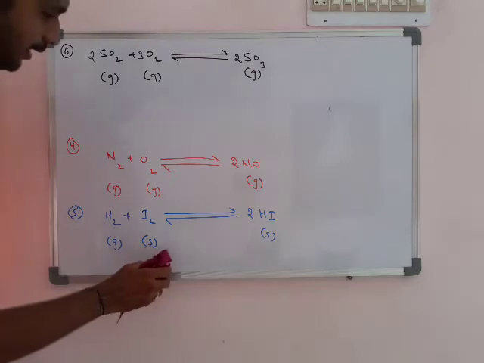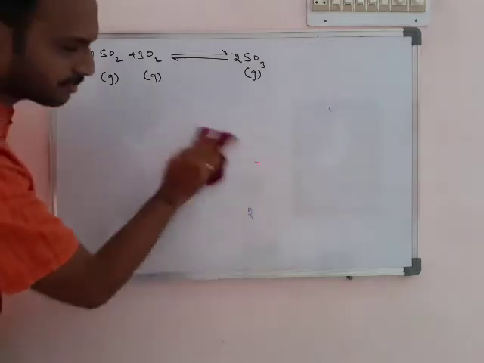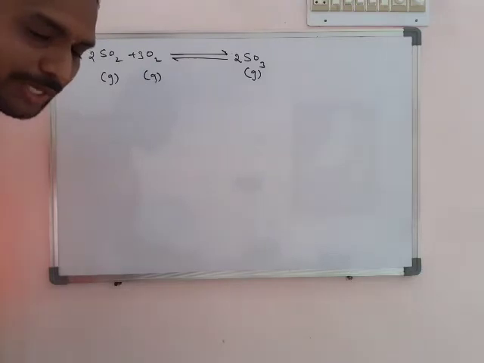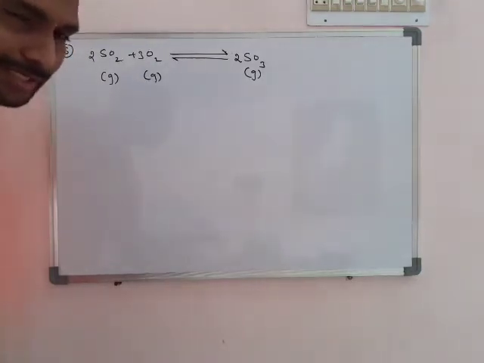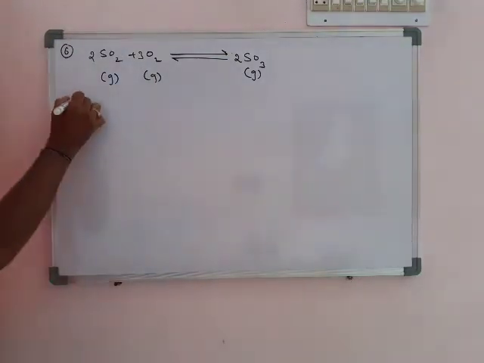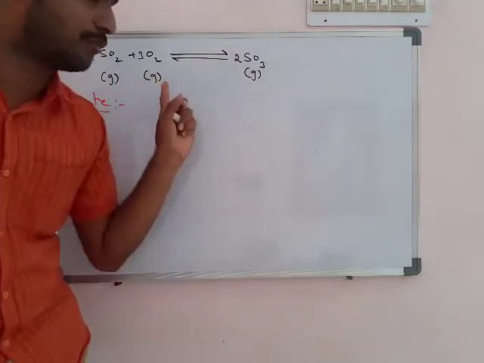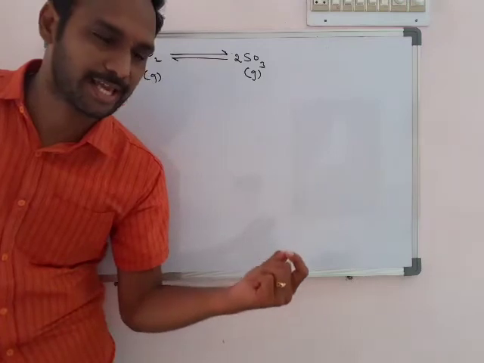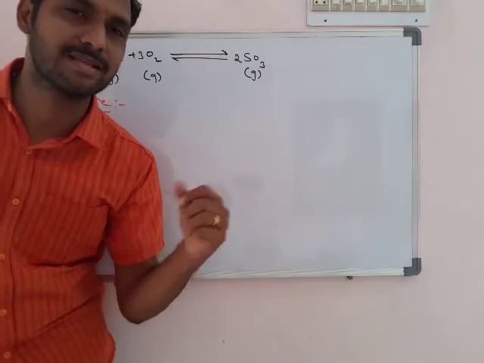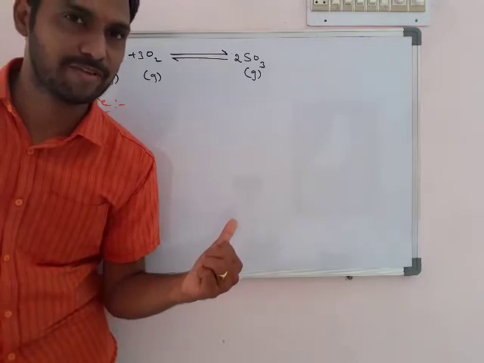Here the important thing is this symbol, we use this symbol for reversible reactions. This two-sided symbol is also known as the equilibrium symbol. We know what reversible reactions are: the forward reaction and backward reaction take place simultaneously.